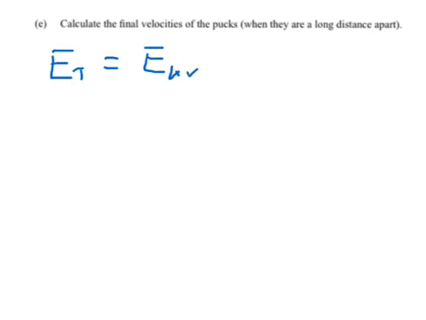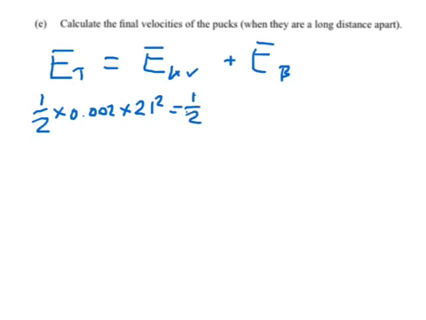That should be the kinetic energies of the two: EK of the red puck plus the kinetic energy of the blue puck. We know everything in this except for, in fact, let's write it out in full. Half times 0.002 times 21 squared equals half times 0.002 times, what do we get, the final velocity?